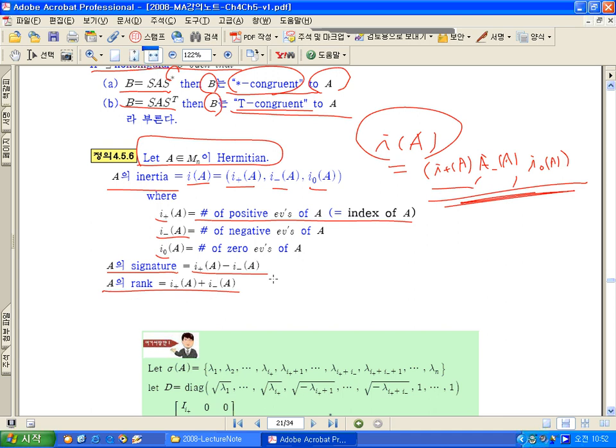And the rank of A is the number of all non-zero eigenvalues.